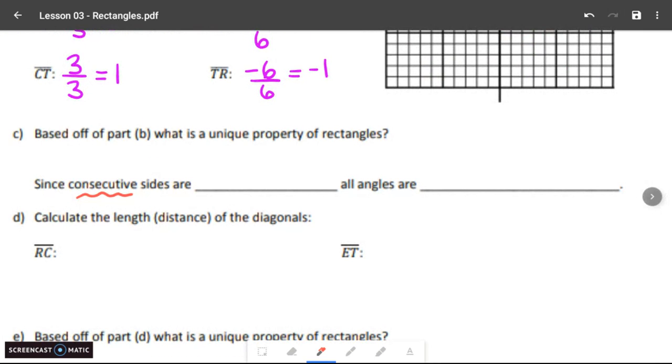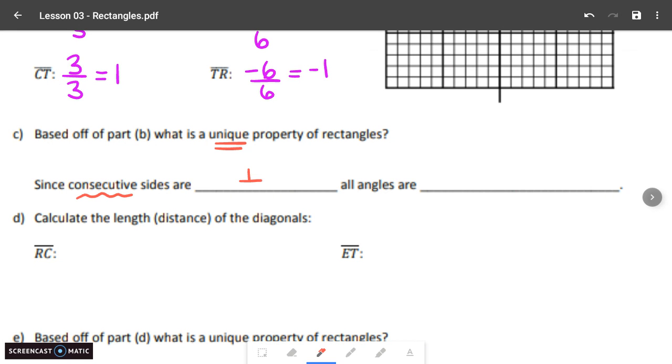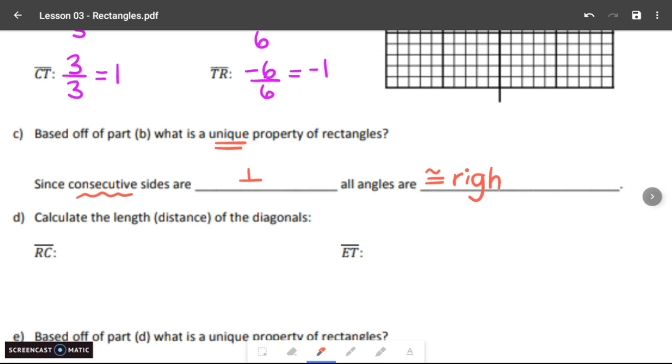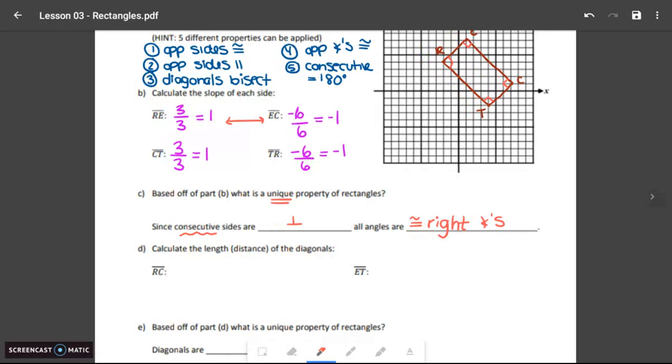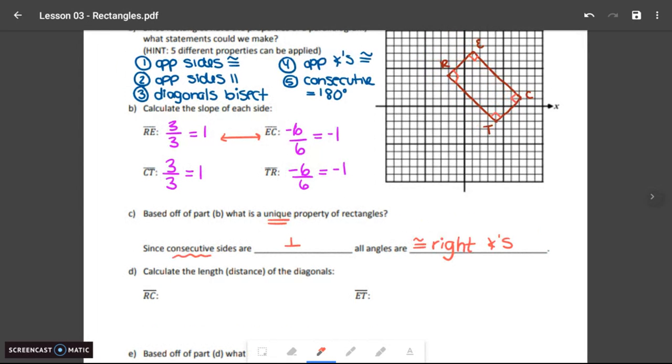So our first unique property, so I say unique because the parallelogram or the trapezoid do not possess this every time, is that consecutive sides are perpendicular and all angles are congruent right angles. So that's something special to just the rectangles.